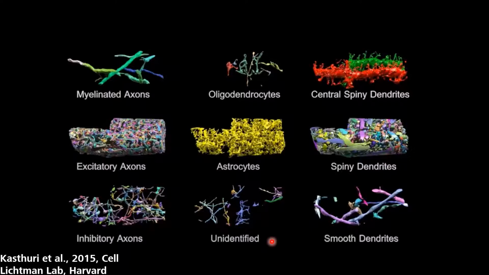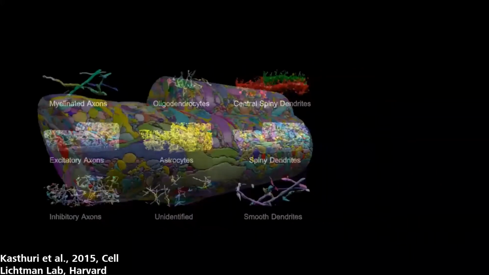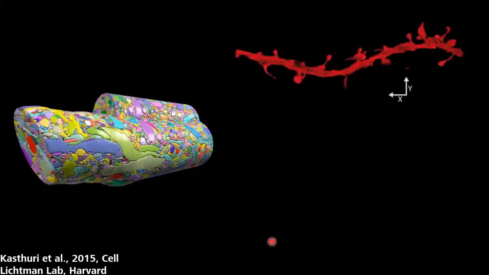So if you would go into this data set and ask yourself, how can we improve this? How can we avoid those unidentified structures? You might think we could bring in some prior knowledge, and the way we can do that is by using light microscopy.